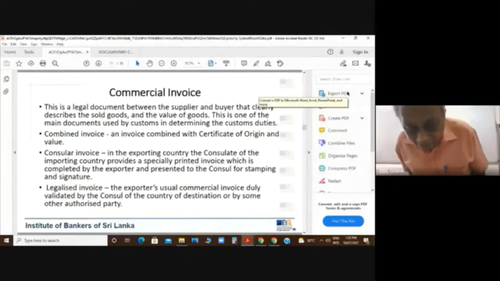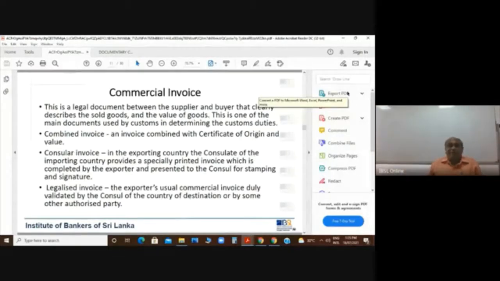It is one of the main documents used by customs in determining customs duties. Customs duties will be charged on the commercial invoice, not on the pro forma, which is only an estimation.